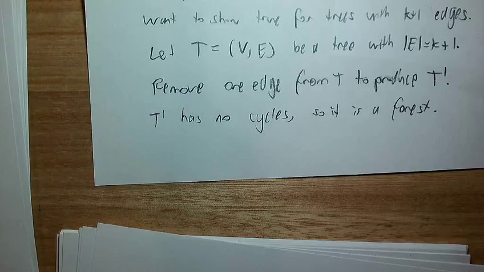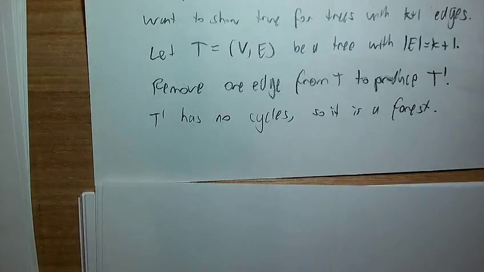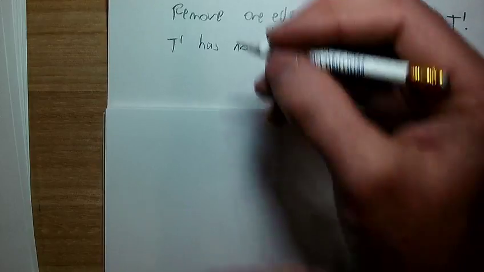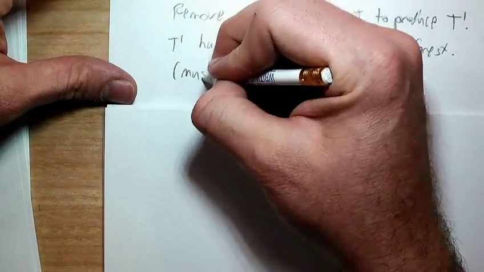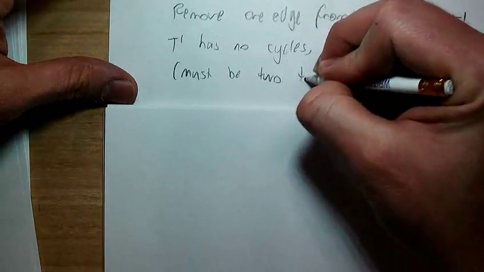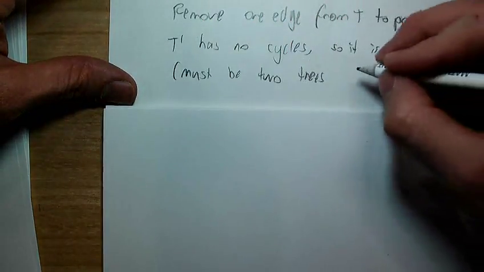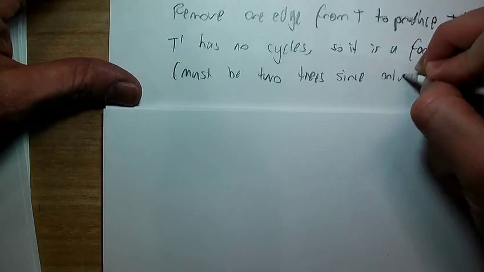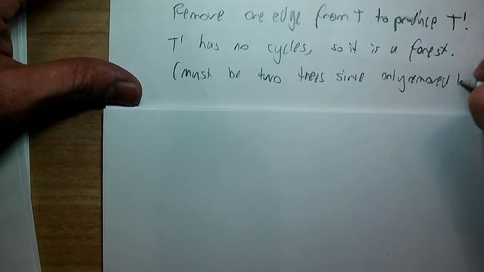It can't be made from any more than 2 trees, because we would have to remove more edges than that to do that. So basically it has no cycles, so any of its connected components must be trees as well. So it is a forest. Must be 2 trees, since we only removed one edge.